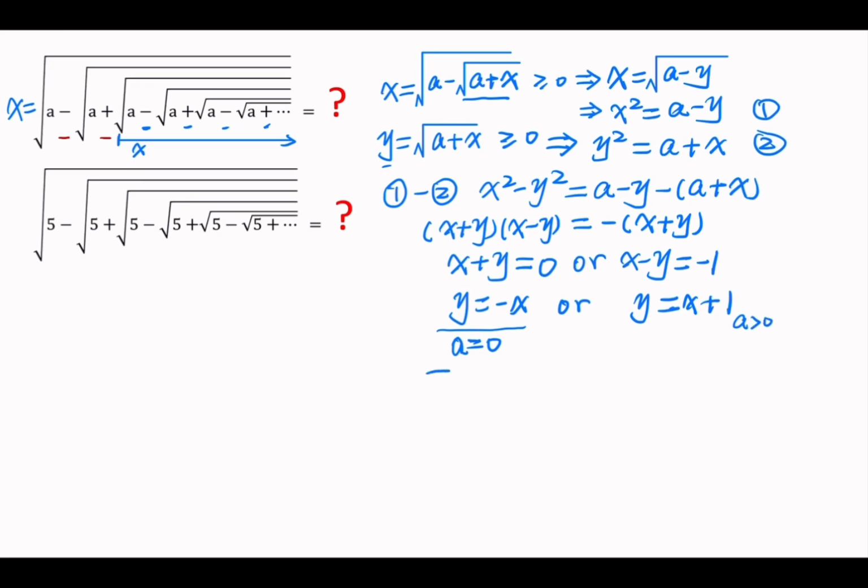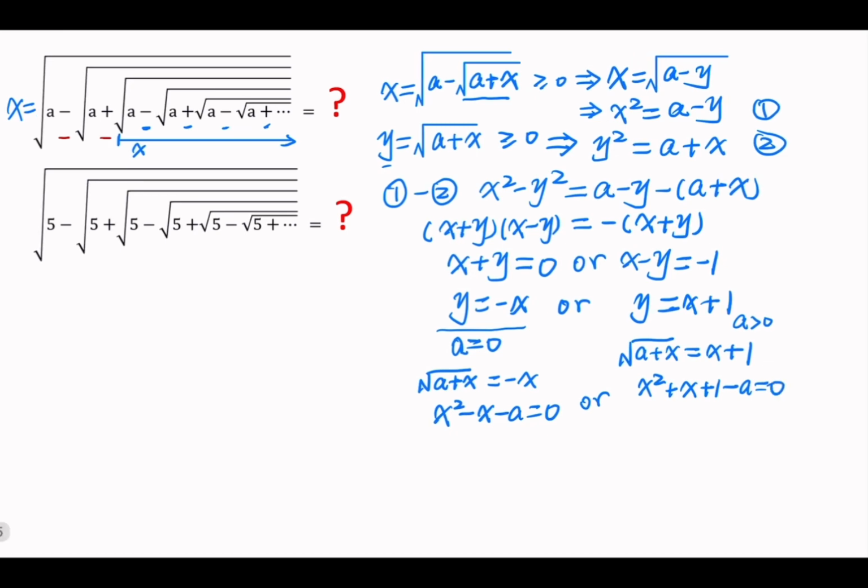So the first equation is square root a plus x equals negative x, which is x squared minus x minus a equals 0. Or the second equation is square root a plus x equals x plus 1. So it is x squared plus x plus 1 minus a equals 0.